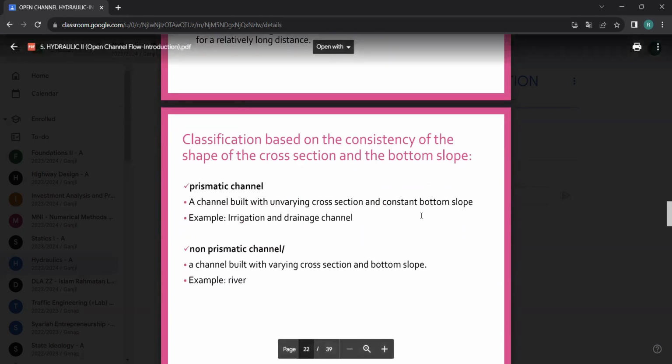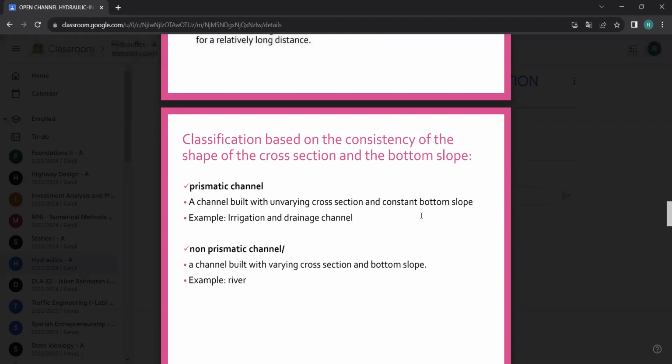And this is the classification based on consistency of the shape. The first is prismatic channel. It is a channel with unvarying cross-section and constant bottom slope. So the bottom slope is constant. There is no object that disrupts the water flow.